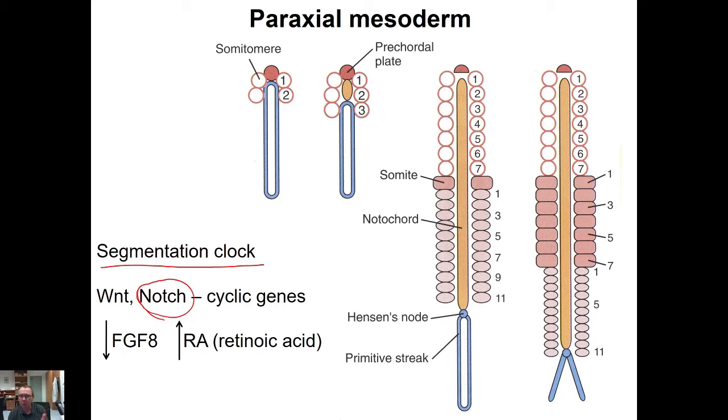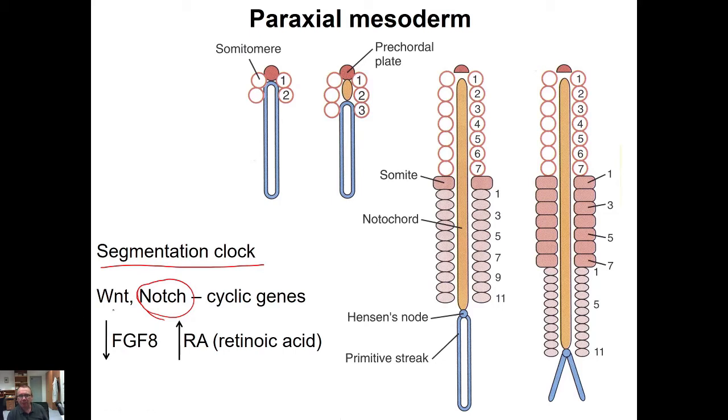So during these 2 weeks we can clearly recognize the age of the embryo by the number of somites, because every day 3 somites are forming. 3 pairs of somites, because somites are on both sides of the embryo, on both sides of the notochord.